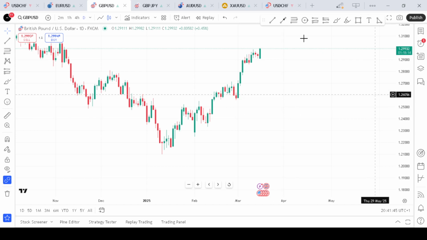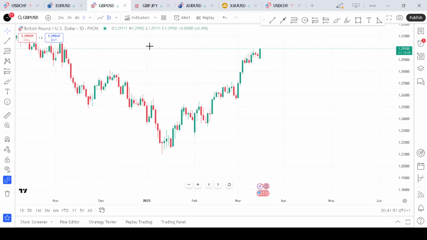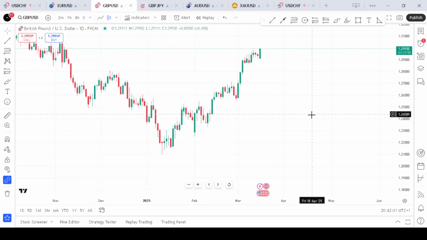For example, the EUR/USD and the GBP/USD often exhibit a strong positive correlation, moving in the same direction. You can hedge by opening a long position on the EUR/USD and a short position on the GBP/USD. This is just to hedge.